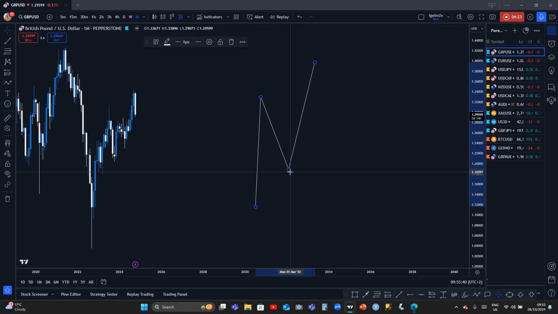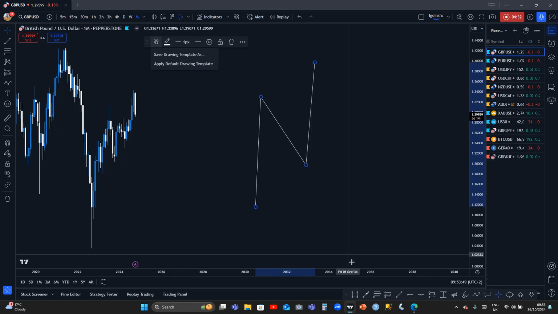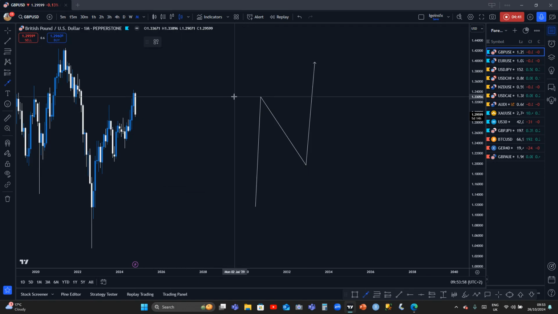At this point, what I need to do is mark this point. This is a break of structure to the upside. The origin that caused the break of structure is here.